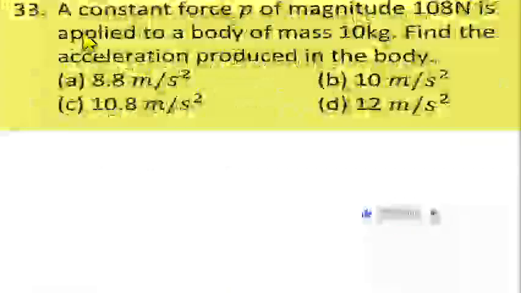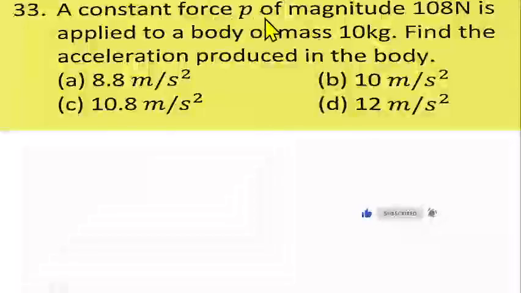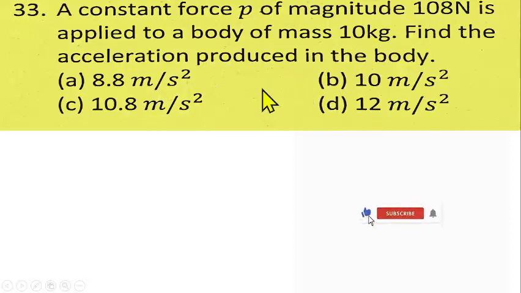Then question 33. A constant force P of magnitude 108 newtons is applied to a body of mass 10 kilograms. You have to find the acceleration produced in the body. So still on motion, and this is applicable to force, mass and acceleration.